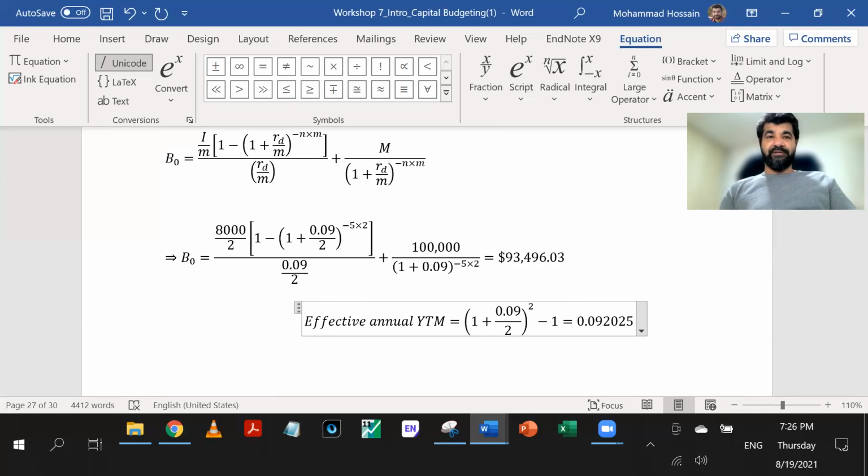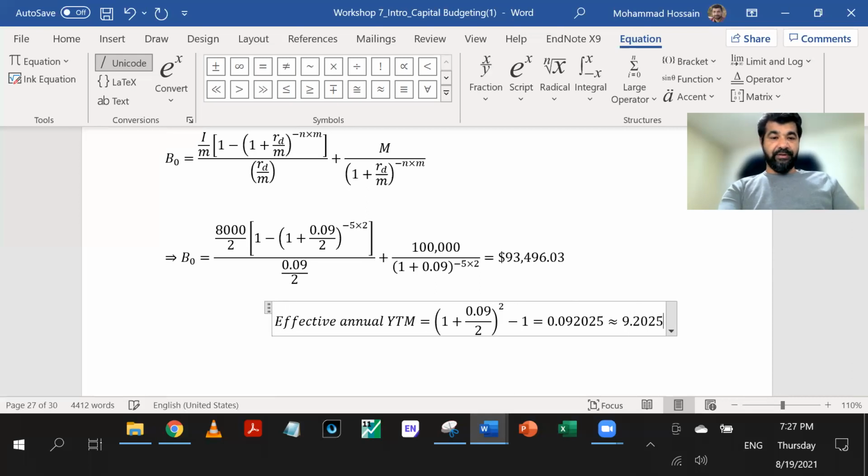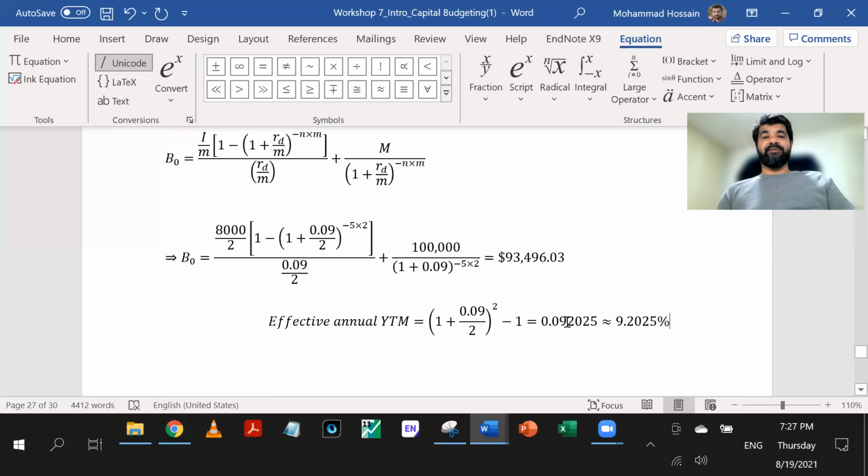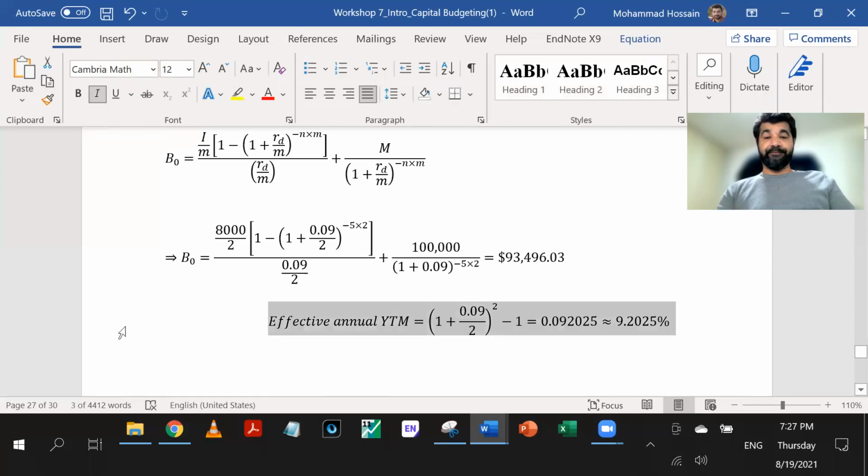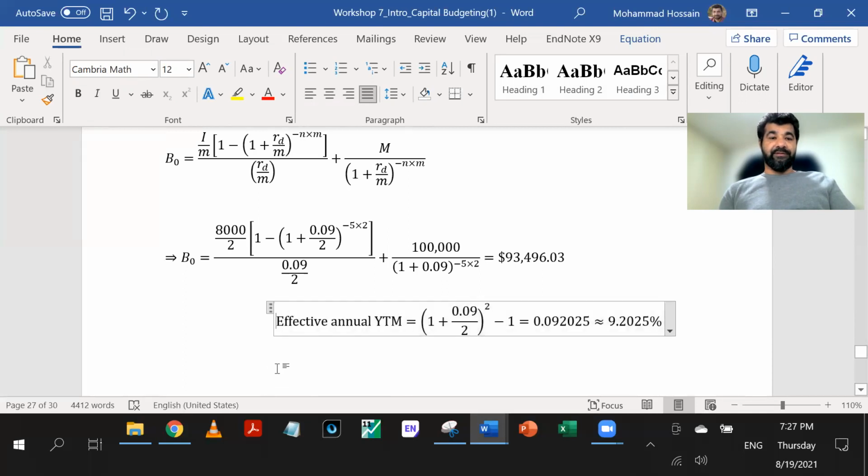As you can see, approximately the figure is 9.2025%. That will be the answer.